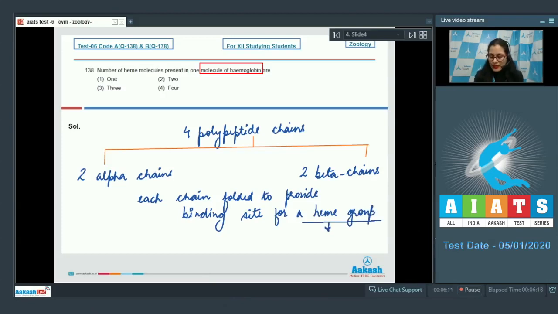Heme group which can bind to one molecule of oxygen. So number of heme molecules present in one molecule of hemoglobin are 4, and the correct answer to this question is option number 4. Let's move on to the next question.